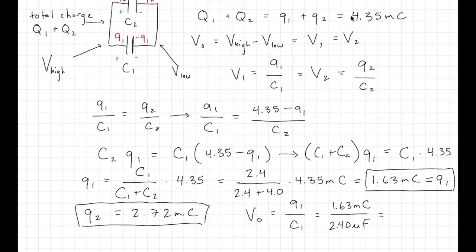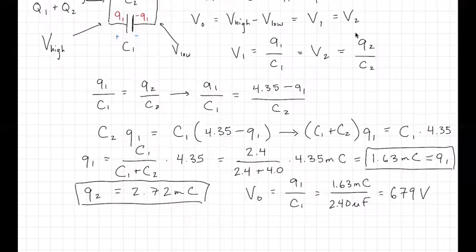Let me calculate that. I paused the video and then calculated it in Google and wrote it down. So I get about 679 volts. So it's in between the original two voltages, 560 and 880, although it's not the midpoint between them, which is kind of interesting.